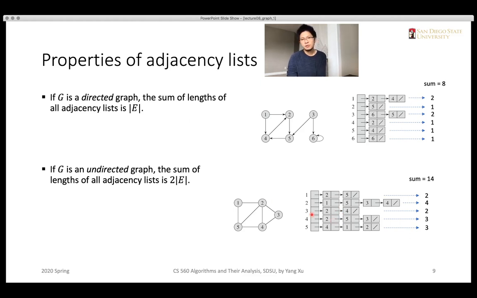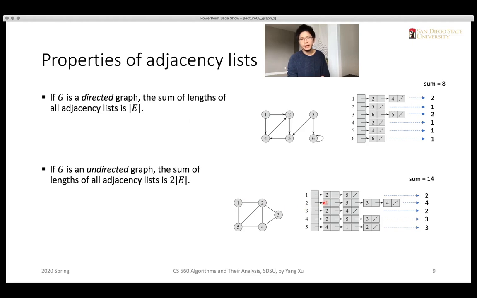Okay, so when we find the adjacency vertices for vertex 1 here, we count 2 and 5 as adjacency vertices for 1, right? So that's why they appear here. But later on, when we count the adjacency vertices of 2, we count 1 again here, right?